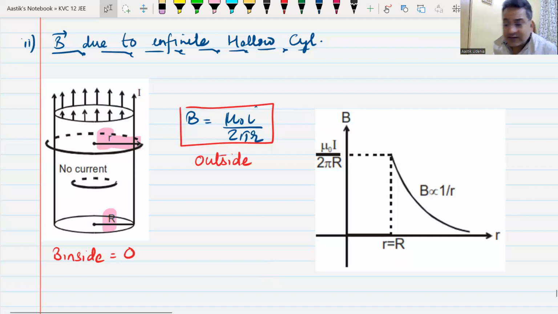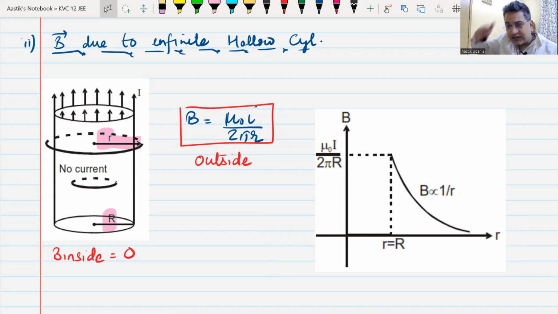This, my dear friends, is the graph of magnetic field of a hollow cylinder as a function of r. As you can see, inside the cylinder, the magnetic field is 0 and outside it keeps on decreasing. Does this graph remind you of something that you have already done in the previous chapter? This graph is exactly similar to the graph of electric field due to a hollow sphere or a conducting sphere.